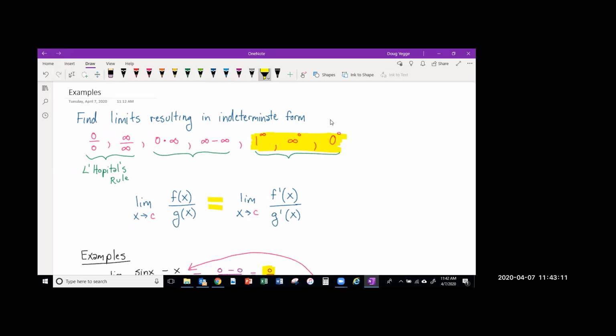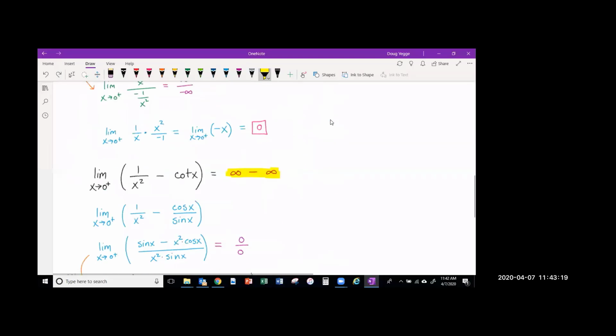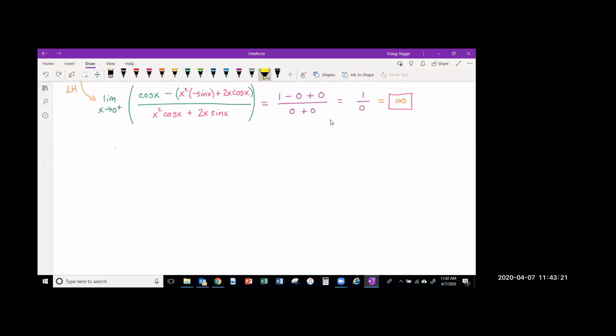That's the only way you're going to get infinities in bases and exponents. So we need to know how to deal with these types of functions. How about we take a brief look at limits of f of x to the power of g of x.